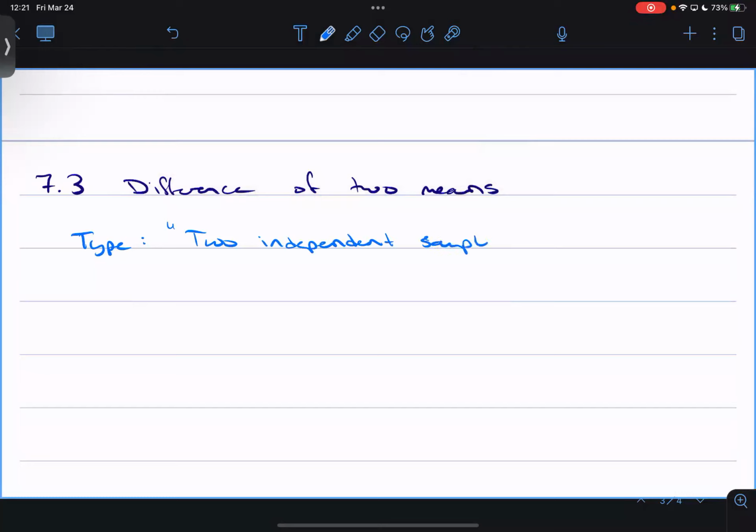Just to emphasize that, unlike the paired data, now if I just have 2 different groups and I want to compare their means, then of course there's no way to link the 2, and that's okay. We can compare the mean of group A and the mean of group B, and we're allowed to do that, and then we'll have tools to do that.